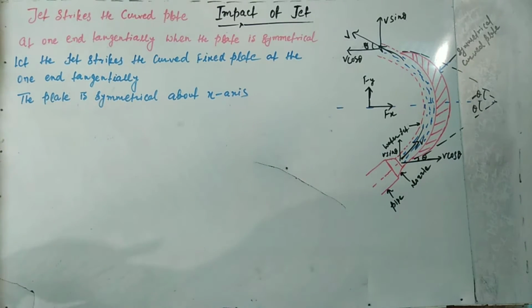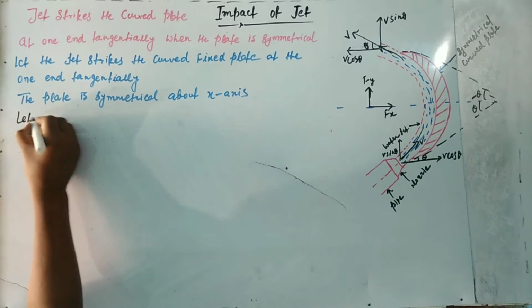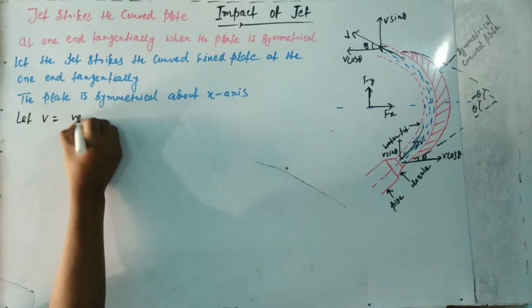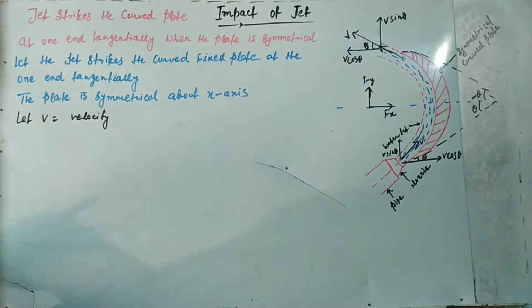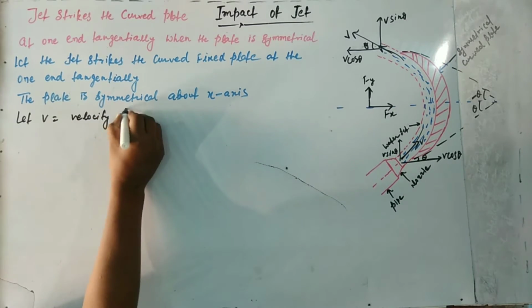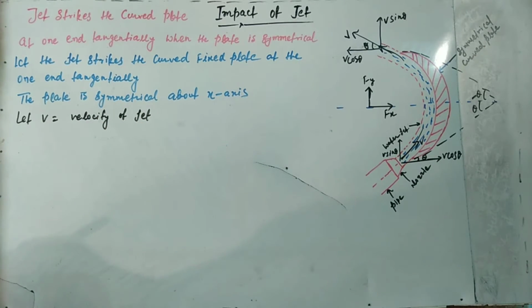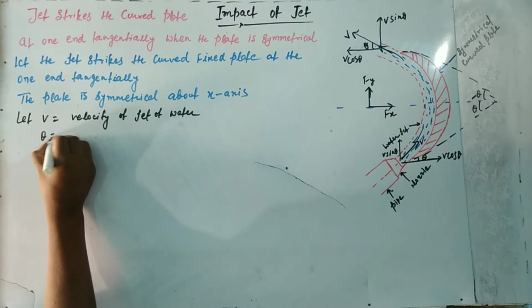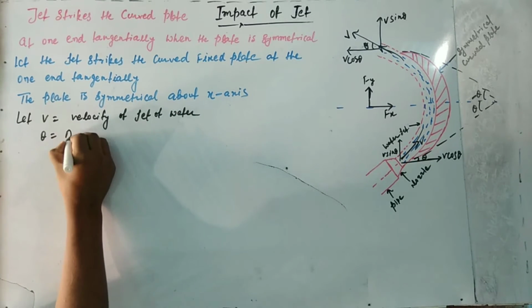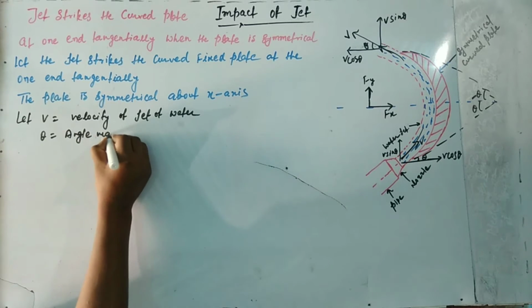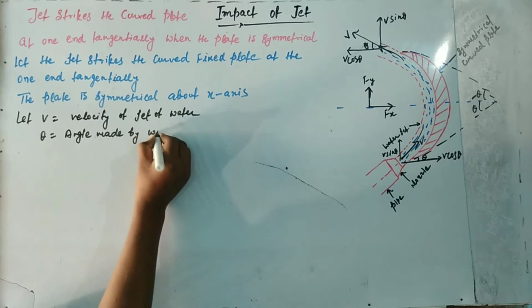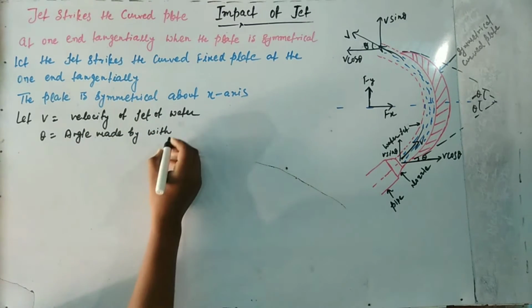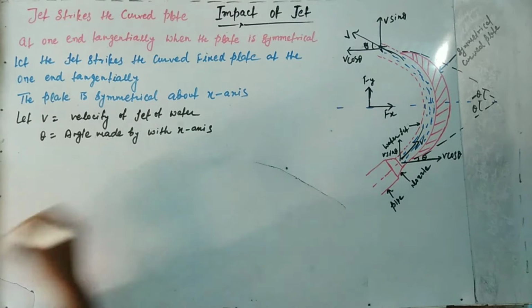The velocity of water jet which is strike tangentially on the curved plate is equals to v. Let v equals to velocity of jet of water and theta equals to angle made by jet with x-axis at inlet tip of the curved plate.